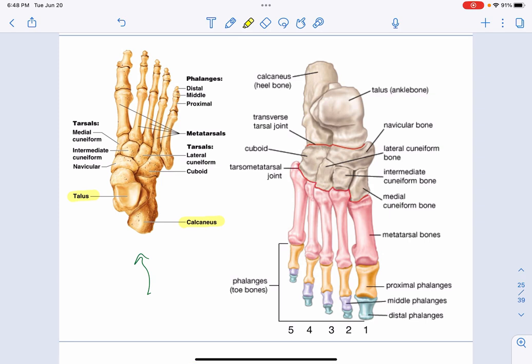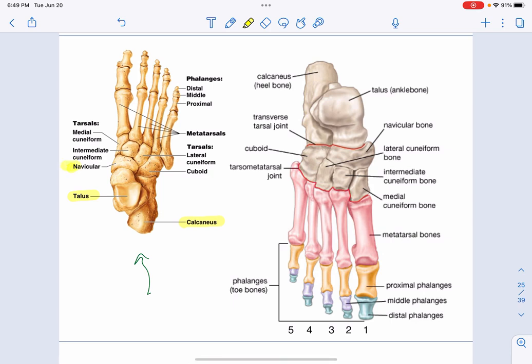And then we're going to work through the bones of the foot. So there's a series of small bones, and this is again just like the bones of the wrist. Just like the bones of the wrist, there are several small bones that make up more toward the proximal end of the foot. So it starts with two bigger bones.